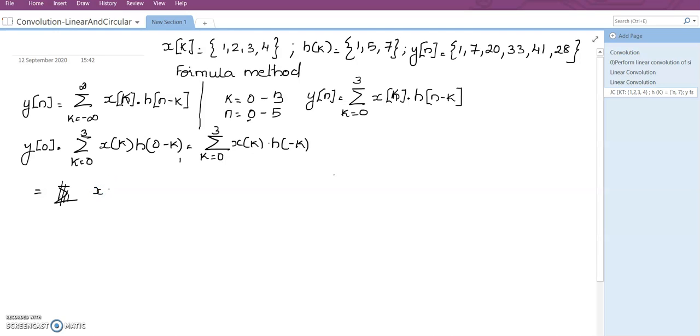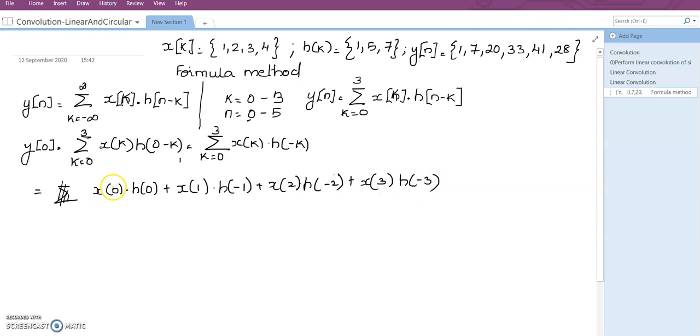So when k is 0, it becomes x of 0 into h of 0 plus x of 1 into h of minus 1 plus x of 2 into h of minus 2 plus x of 3 into h of minus 3.